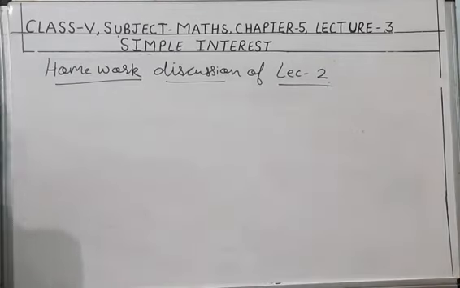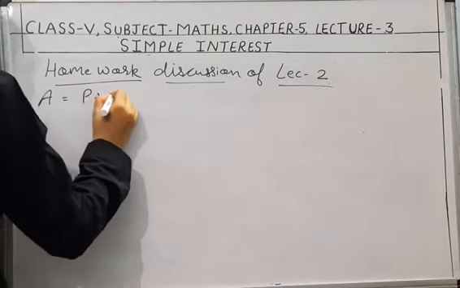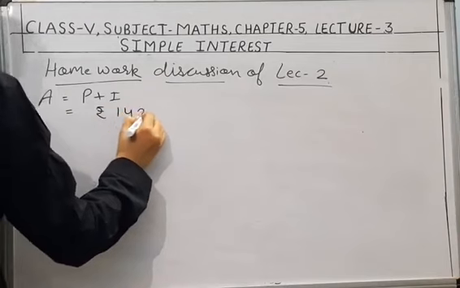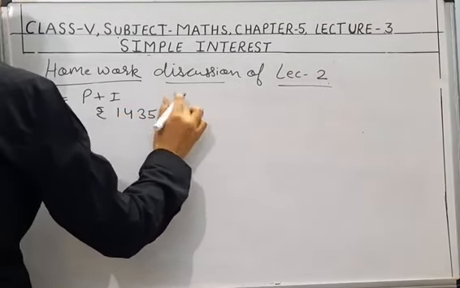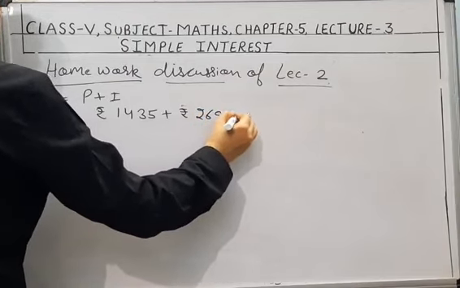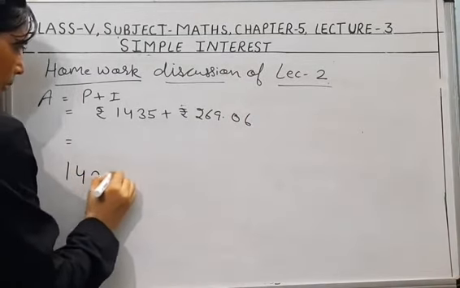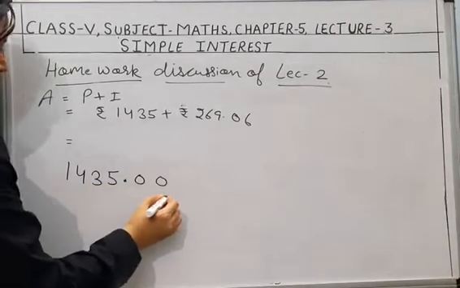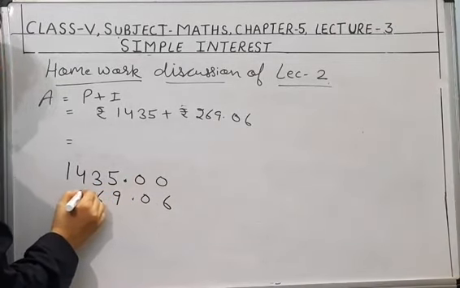In the previous question, there was amount also to calculate in the third question. So we have to do principal plus interest also. 1435 plus rupees 269 decimal 06. Amount also you have to calculate. Put decimal and then 2 zeros. 6 0 decimal 9 6 2.